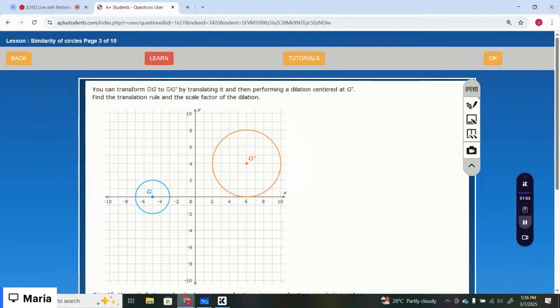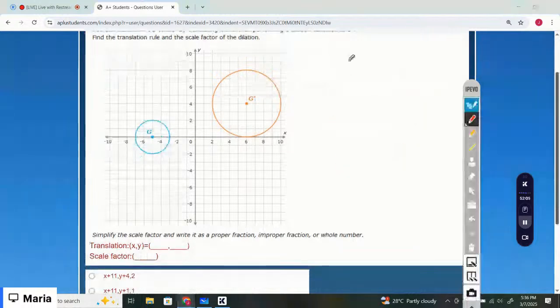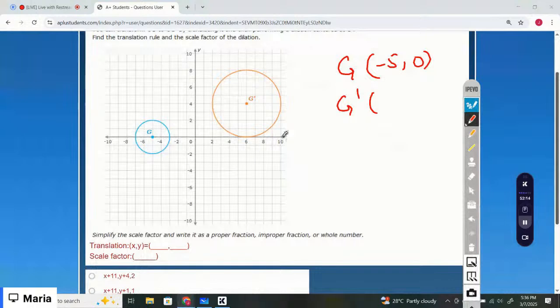You can transform G to G dash by translating it and then performing a dilation centered at G dash. Find the translation rule and the scale factor of the dilation. G has the center at -5 and G dash has the center at 6 and 4.